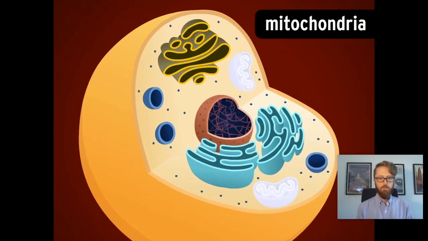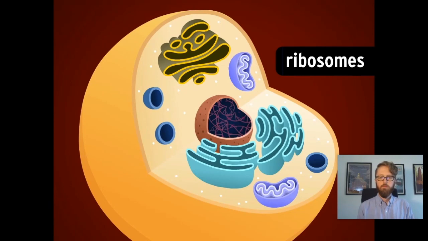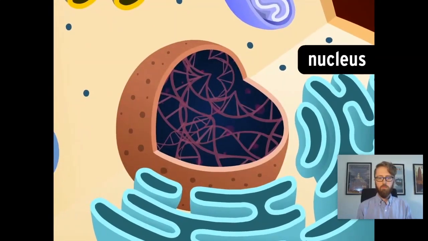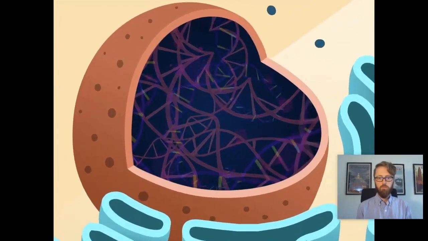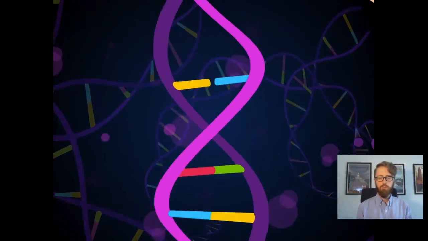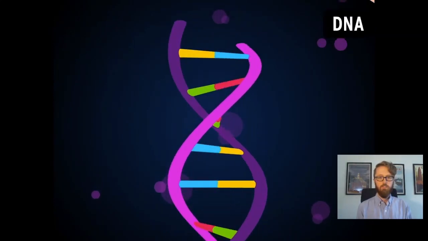Like mitochondria extract energy from nutrients, and ribosomes create proteins, molecules used to build pretty much everything in the body. Then there's the nucleus, which is kind of like the cell's brain. It's a membrane pouch that holds an organism's genetic material, the biological instructions passed down from its parents. These instructions are encoded in a substance called DNA.